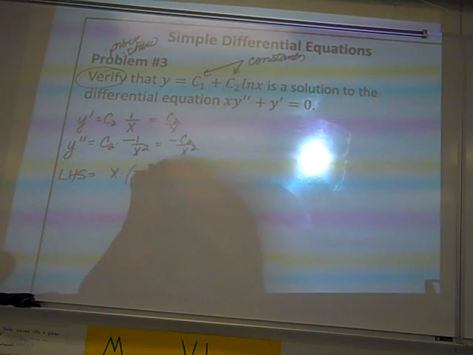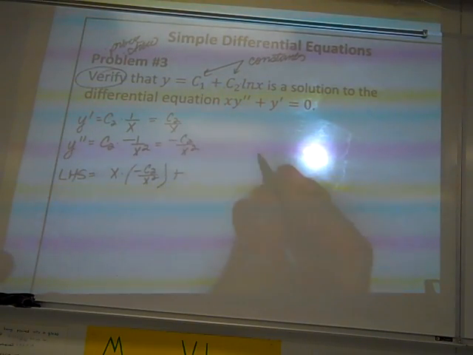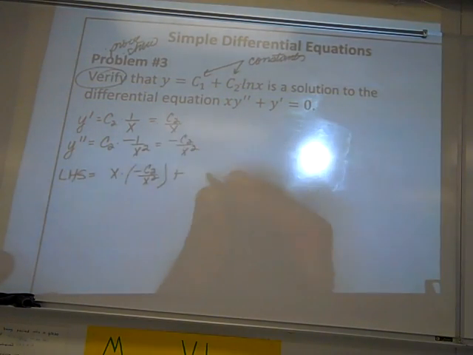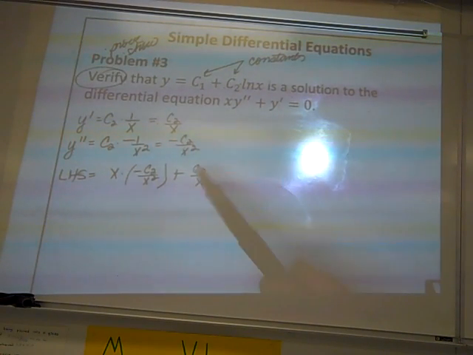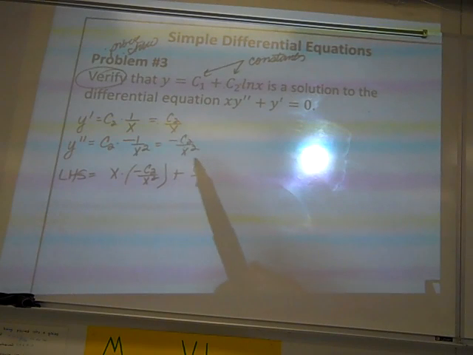Well, y double prime is this negative c2 over x squared. I want to add to that y prime, which is c2 over x. And I'm not going to write that it's equal to 0 because we are being asked to show or to verify that this is equal to 0, which means we have to restrict ourselves to working on this one side of the equation.